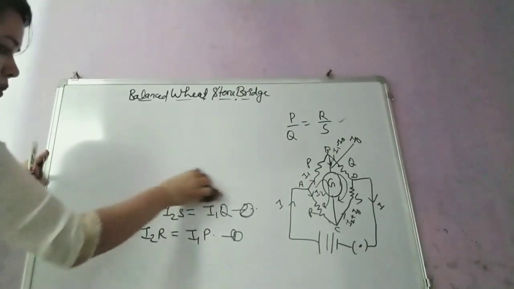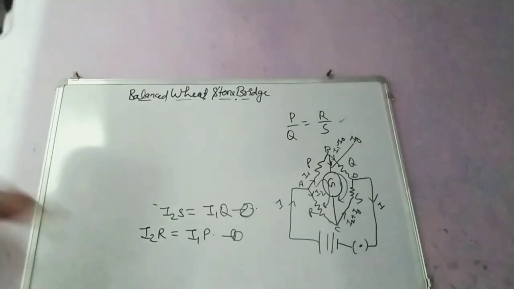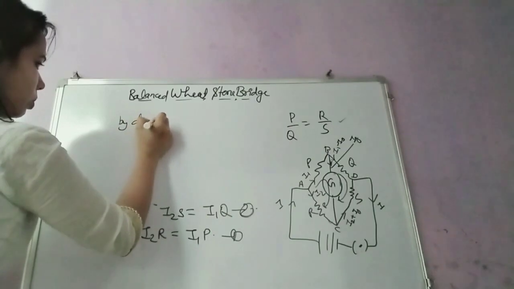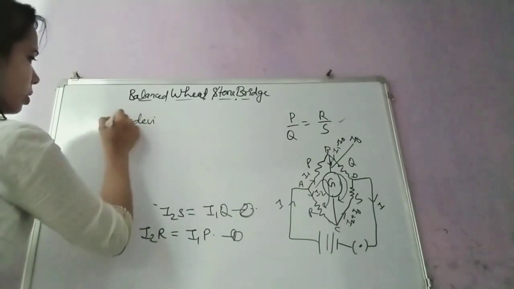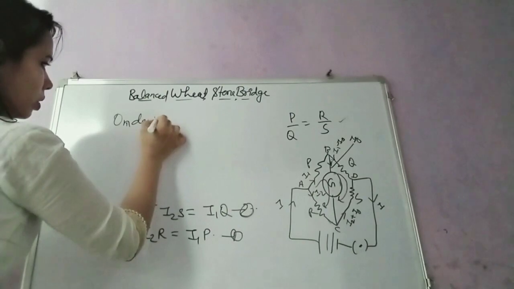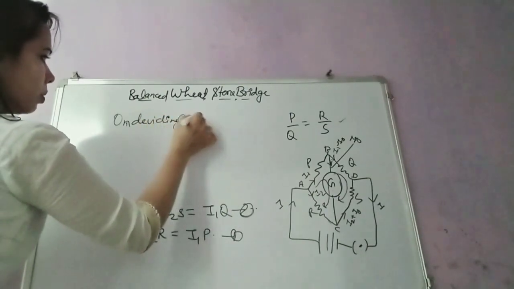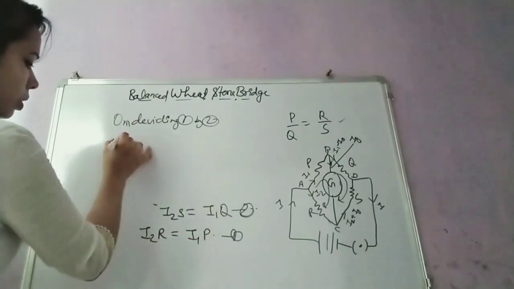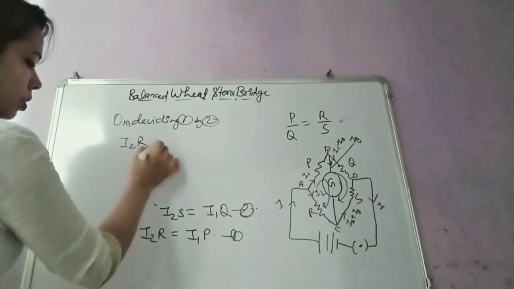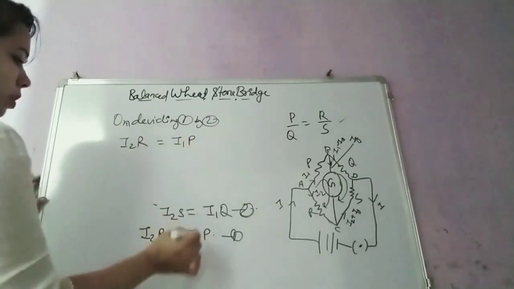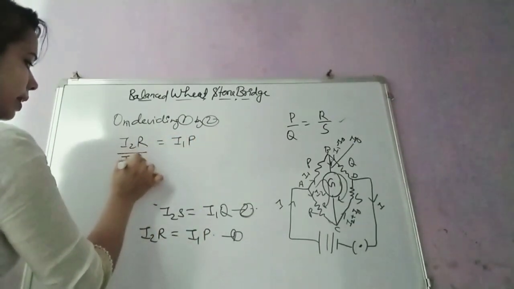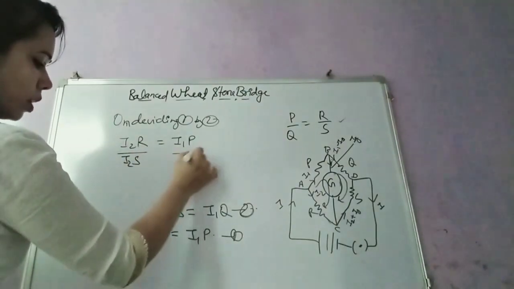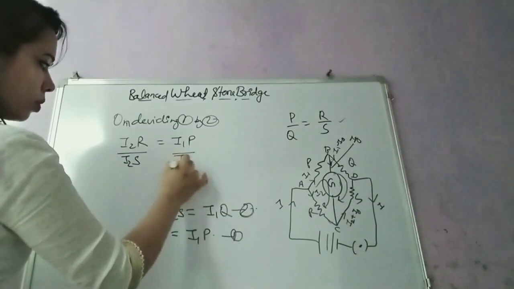Now by using these two equations, on dividing 1 by 2, I2R equals I1P divided by I2S equals I1Q.